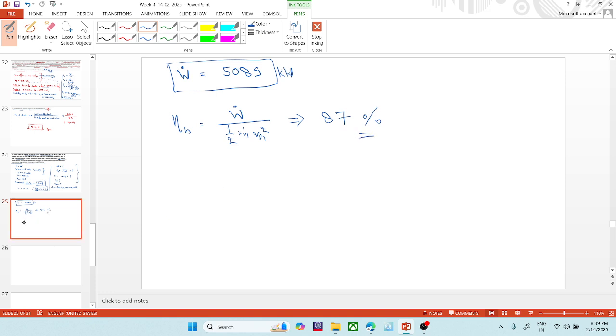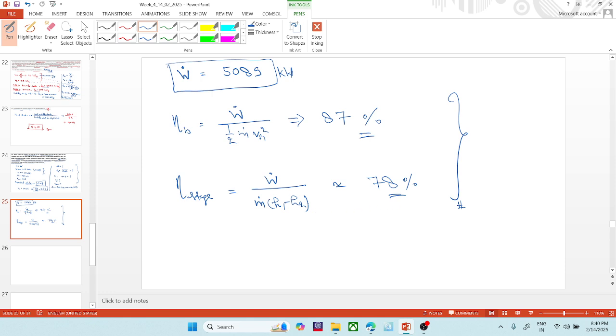Last thing they have asked is the stage efficiency, eta stage, and the expression for that would be W dot divided by M dot into H1 minus H2, the enthalpy drop, and this value will come out to be 78%. Here both the values won't be the same because the blades are not smooth and we are having some coefficient of velocity for that.